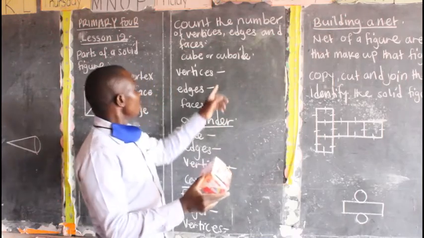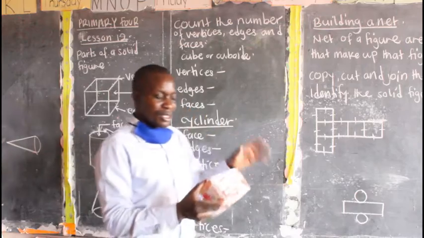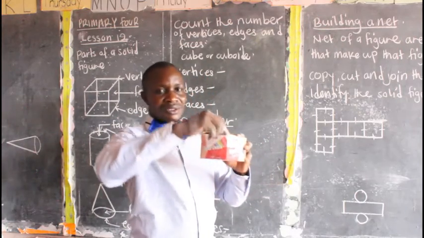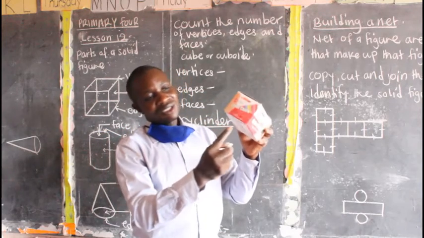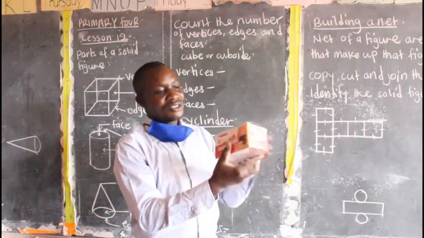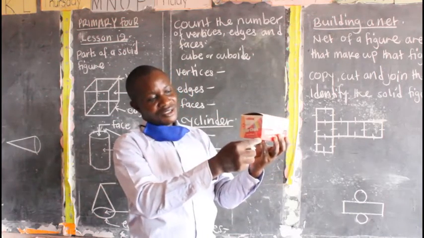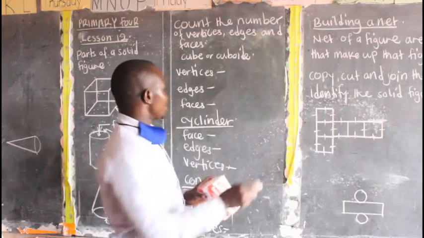Let's begin with the vertices on a cuboid or a cube. This one is 1, this one is 2, 3, 4. Then you turn this side. 4, 5, 6, 7, 8. So there are 8 vertices here.